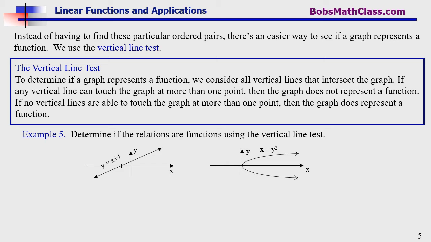If any vertical line can touch the graph at more than one point, then the graph does not represent a function. If no vertical lines are able to touch the graph at more than one point, then the graph does represent a function.